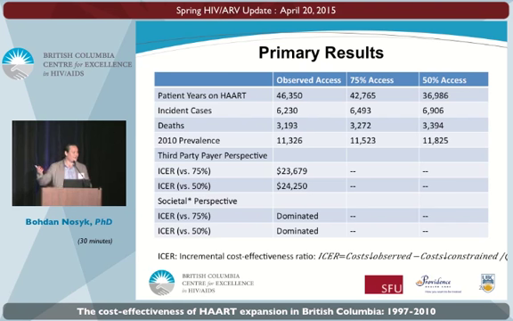And above 3 times GDP per capita, you're not cost effective. Canada's GDP per capita right now is 52,000. So you can see even at that level, even within a constrained scenario, considering a constrained perspective, HAART scale-up, as it was observed, was highly cost effective.